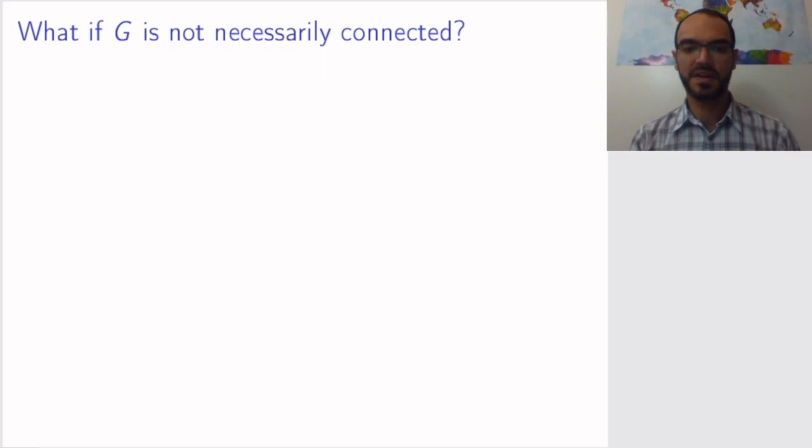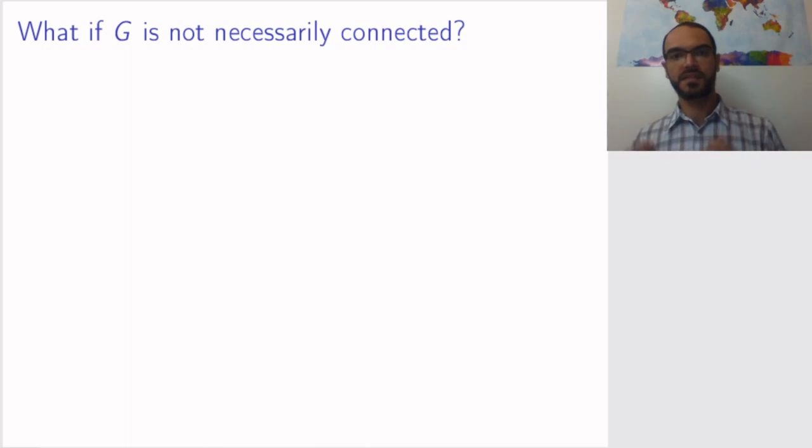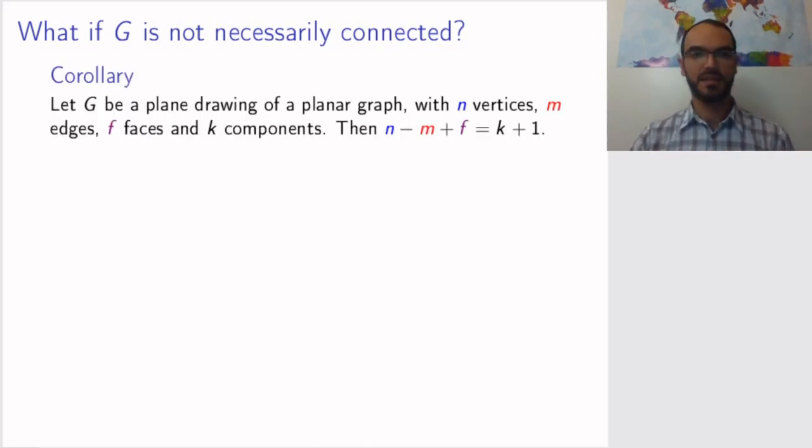So far we've assumed that the graph is not only planar but connected. What if the graph is not connected? Well, knowing Euler's formula for connected graphs, we can derive a similar formula for graphs that are not necessarily connected. And that goes as follows.